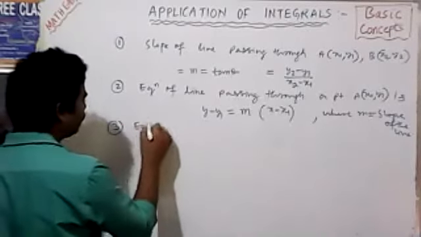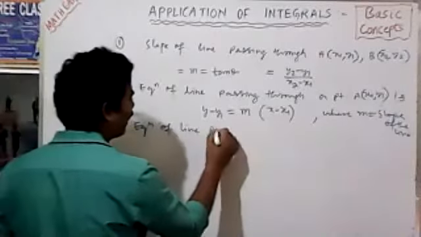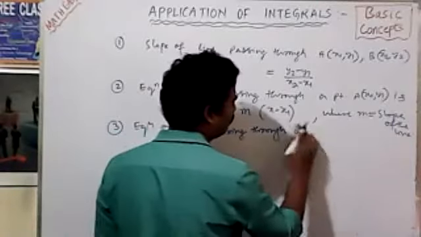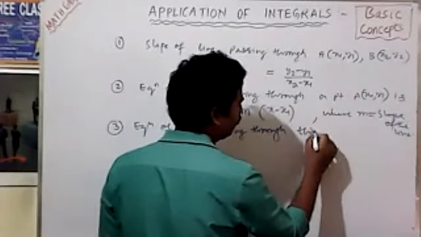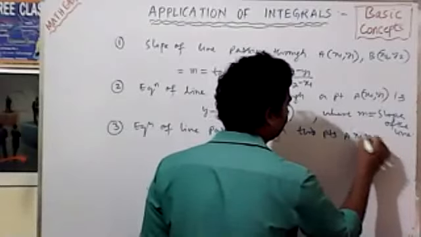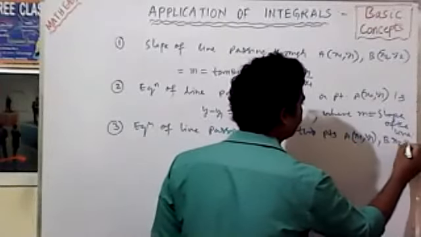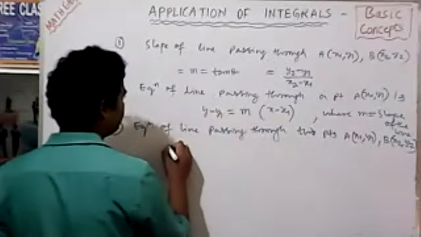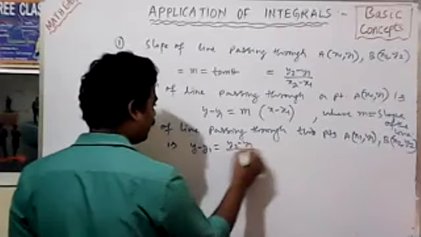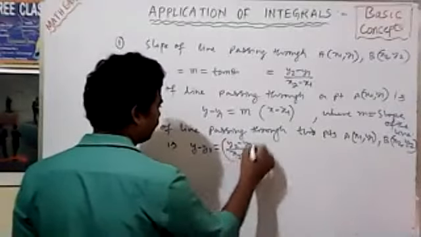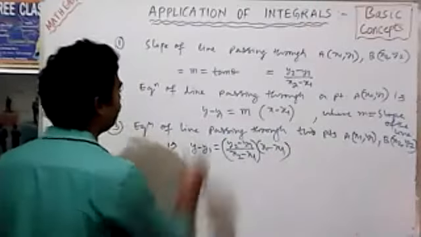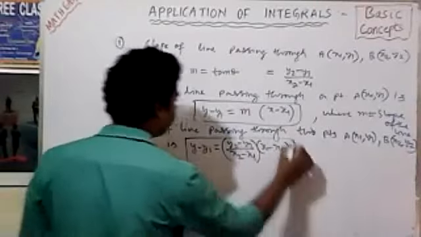Similarly, the equation of a line passing through 2 points A, that is (x1, y1), and B, that is (x2, y2), is y minus y1 is equal to (y2 minus y1) by (x2 minus x1) into (x minus x1). This is the 2-point formula.